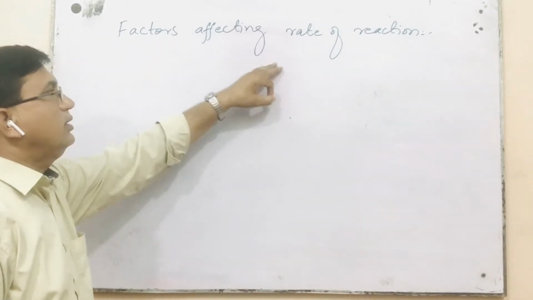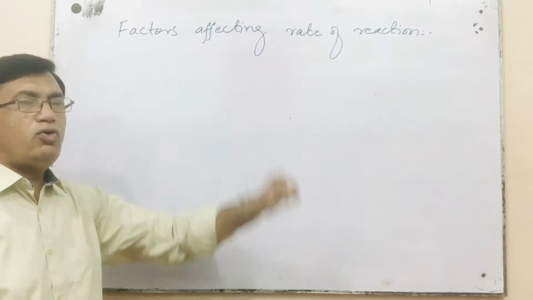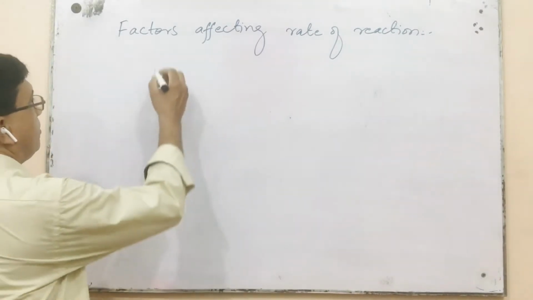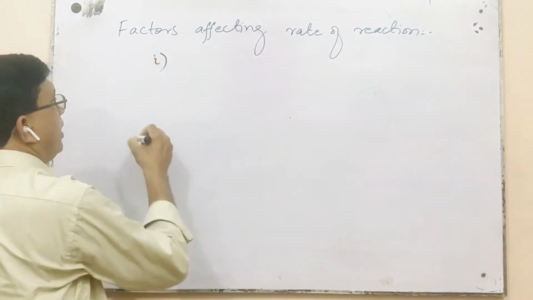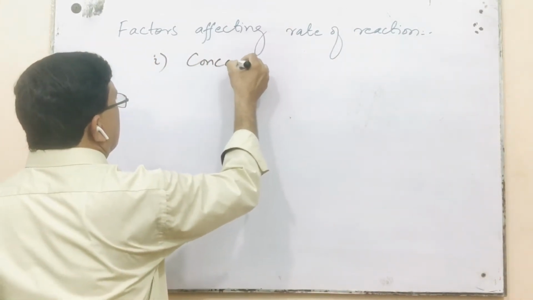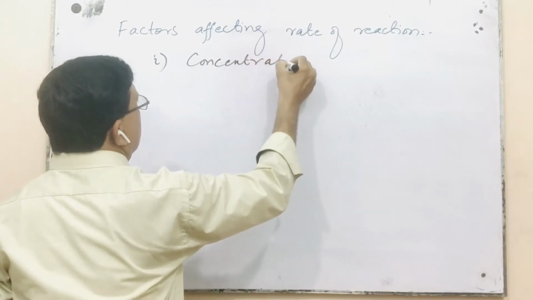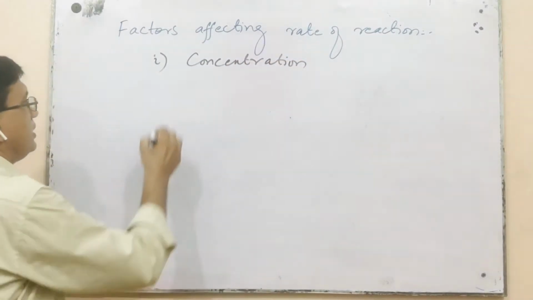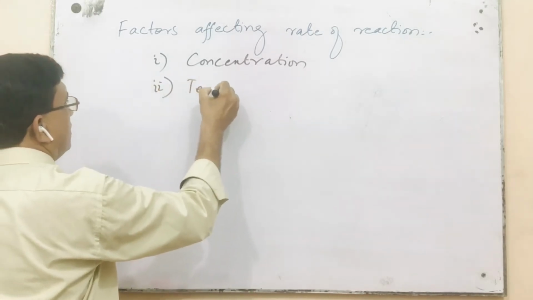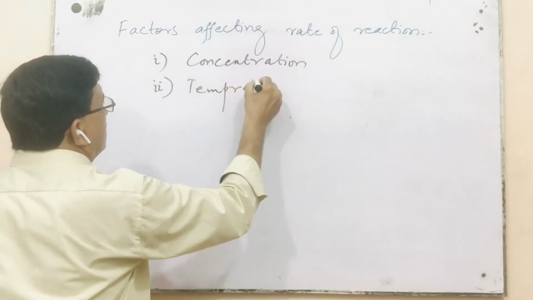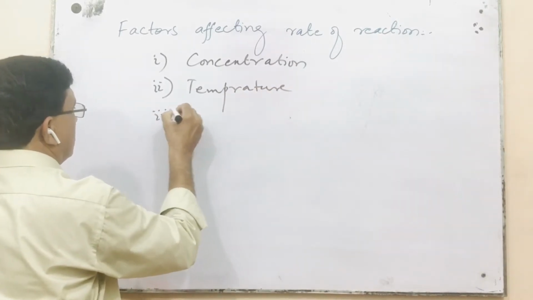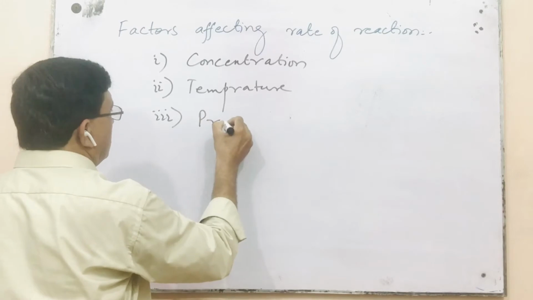Factors affecting the rate of reaction. What are the different factors? The different factors are: number one is concentration of substance. Second is temperature. Third is pressure.